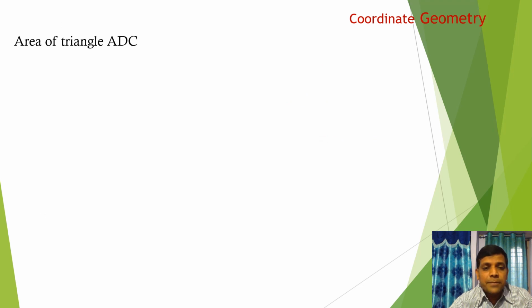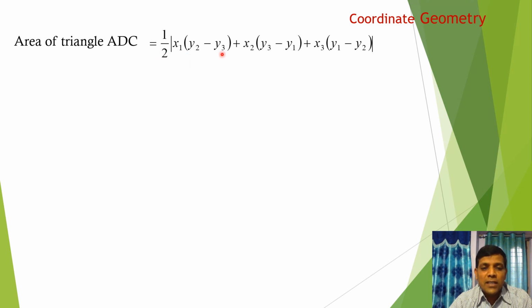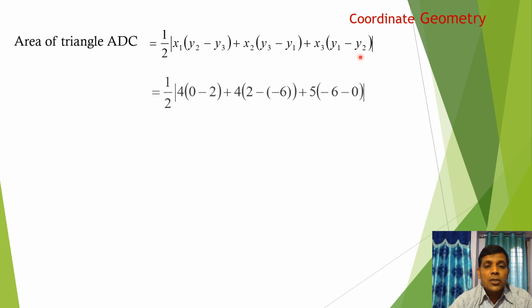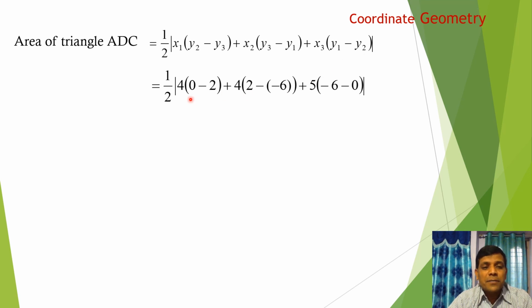Area of triangle ADC equals half mod x1 into y2 minus y3, plus x2 into y3 minus y1, plus x3 into y1 minus y2. x1 means 4, y2 minus y3, 0 minus 2.